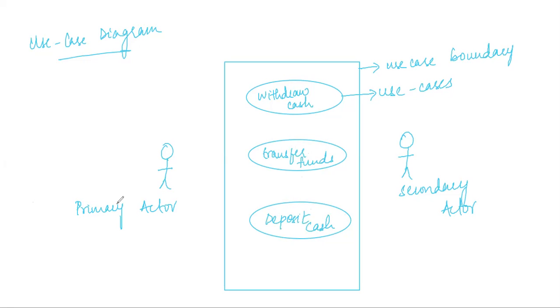Now, let me name the primary actor. This primary actor can be a customer. The secondary actor is the bank. Now, let me name the use case boundary. This is the ATM. Now, this customer is going to have relationships.